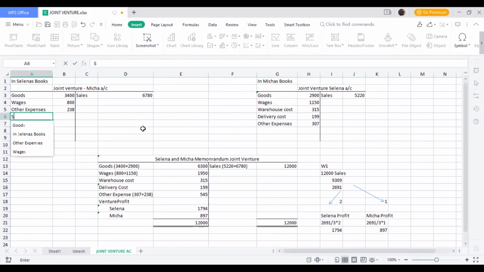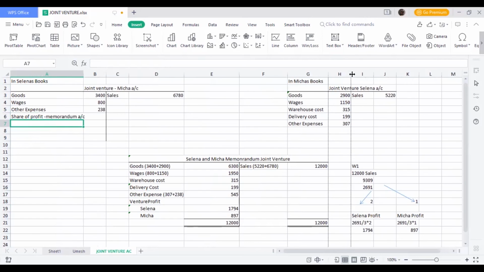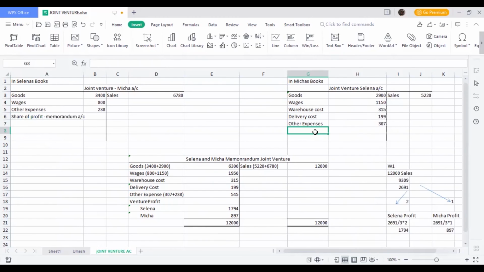So here I'll write share of profit. If you want, you can write memorandum account. As I have very limited space, I won't write in this way. Share of profit.